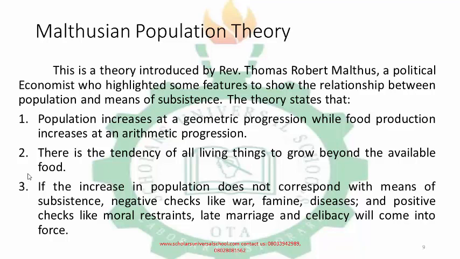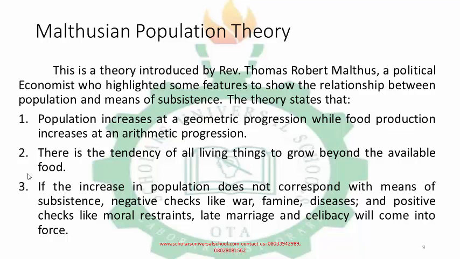He believes that the rate of increase in the population is way more than the food production being carried out to meet the needs of such a population. He also said that because of the increase in population compared to the available resources, there will always be a tendency of the economy to grow beyond the available food, thereby leading to a low standard of living of the people living in that country.